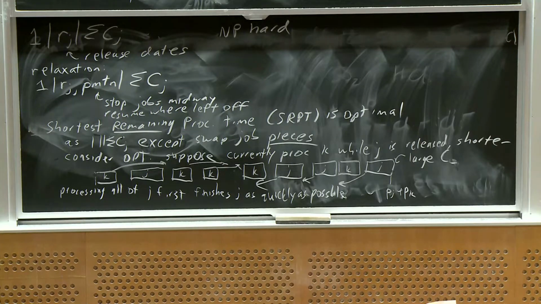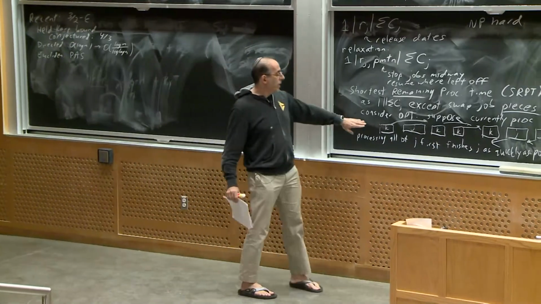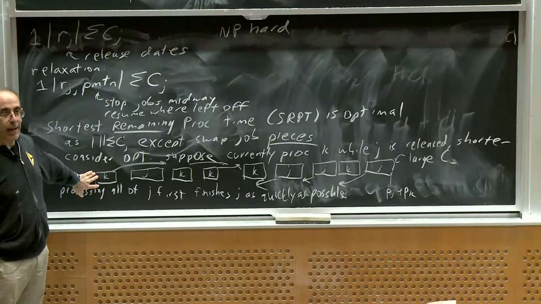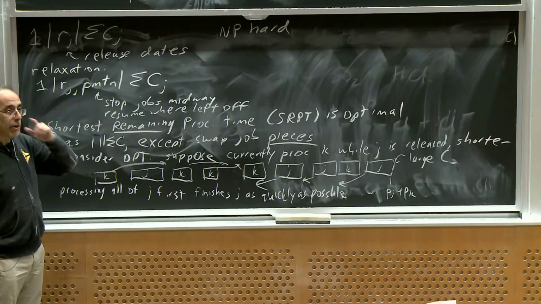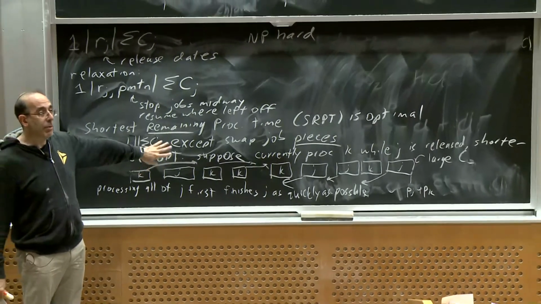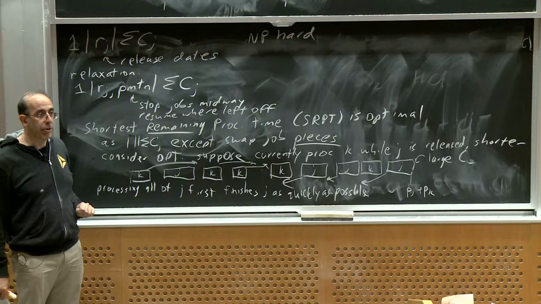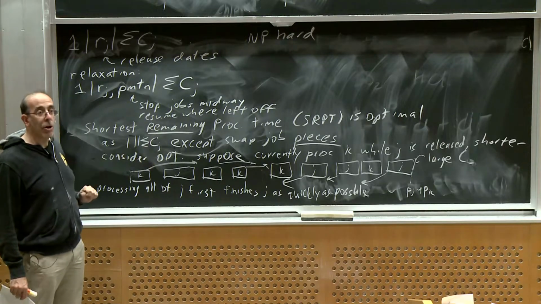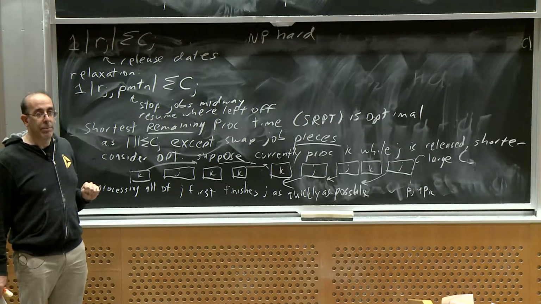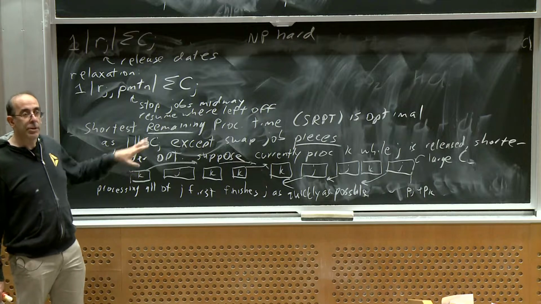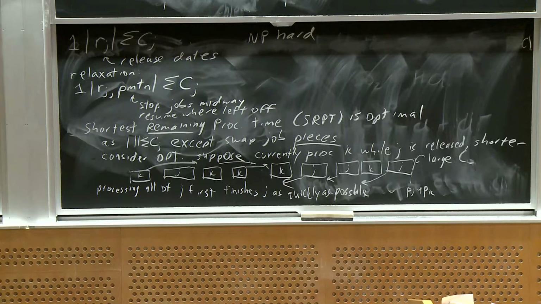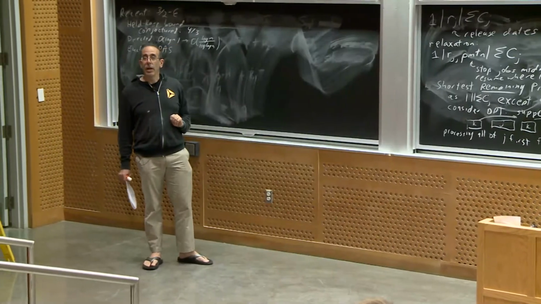So that's the way to do it, right? Under the constraint of only moving these two jobs around, doing J first is clearly optimum for just minimizing the sum of those two completion times. And so if I'm not already doing that, then I'm not optimal. So does everybody now agree that shortest remaining processing time is optimal with preemption?